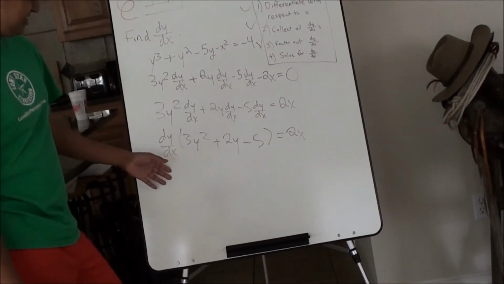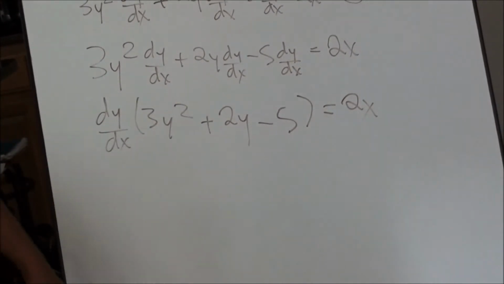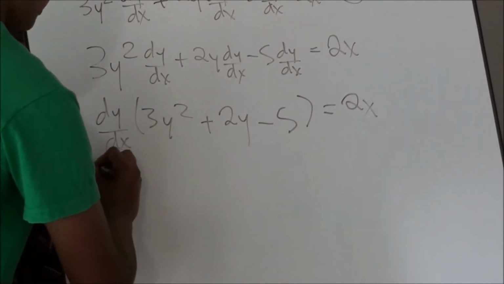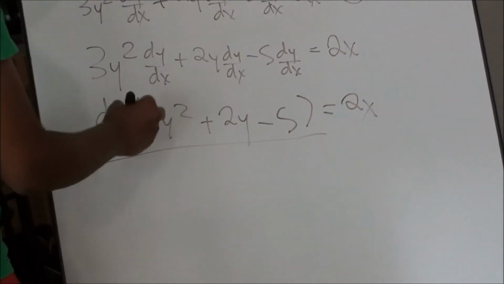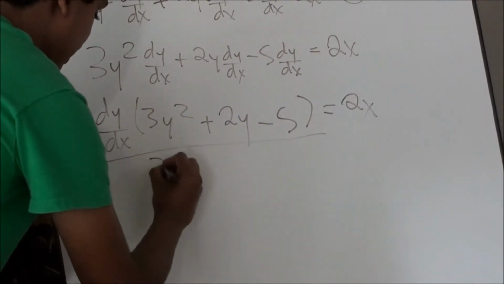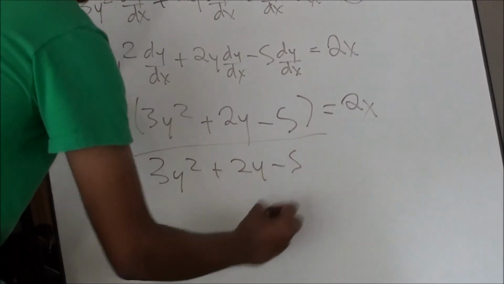And the easy part, solving for dy/dx. We have dy/dx times a polynomial. So to get dy/dx by itself, it's as simple as dividing the whole thing by that polynomial. So we divide by 3y squared plus 2y minus 5.